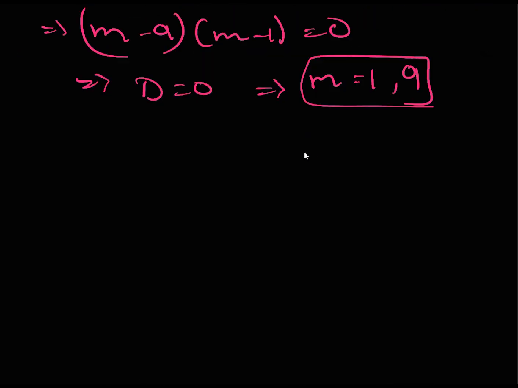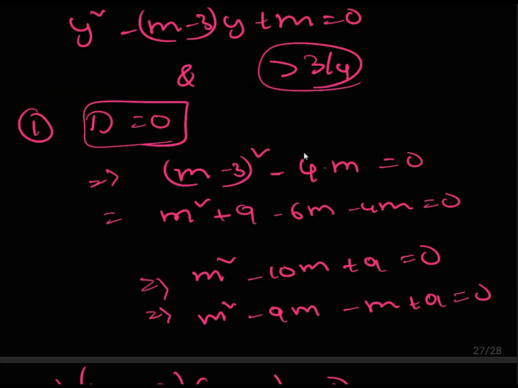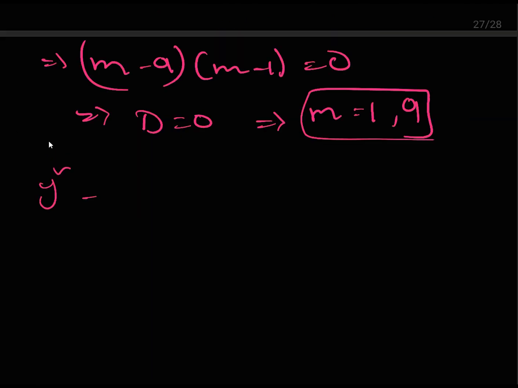Now we need the root to be greater than 3 by 4. Therefore, y square minus (m minus 3) times y plus m equals to 0 should have a unique root greater than 3 by 4.